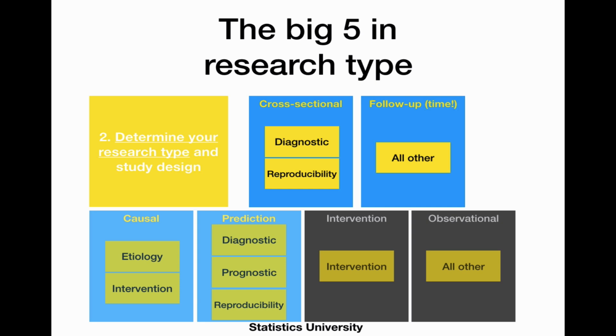So we're predicting something in a cross-sectional fashion, whereas in all the other study designs such as etiology and intervention and prognostic research, we do follow patients up to see whether they develop an outcome of interest or not. You can basically see those research types as being longitudinal as opposed to cross-sectional.